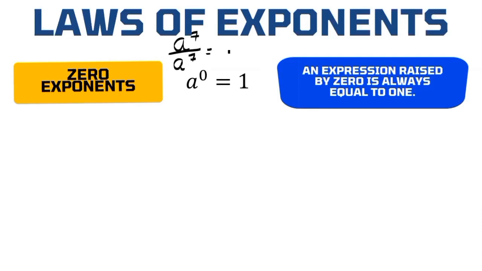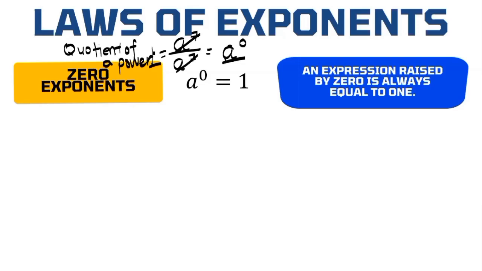Using the quotient of a power, you know that you have to subtract the exponents, giving you a raised by 0. But if you divide this, it just cancels and that is equal to 1. Therefore, a raised to 0 is equal to 1. That is why the zero exponent was derived from the quotient of a power.